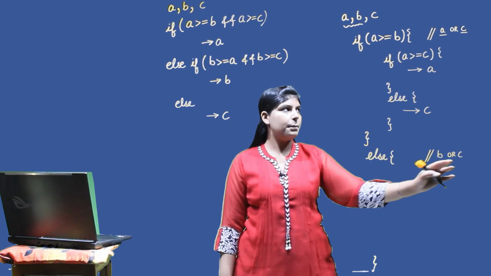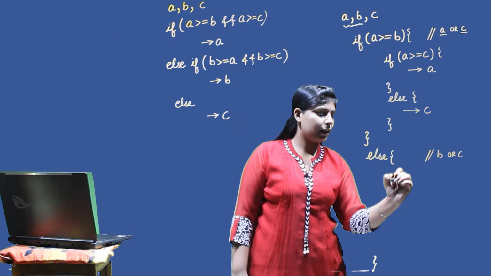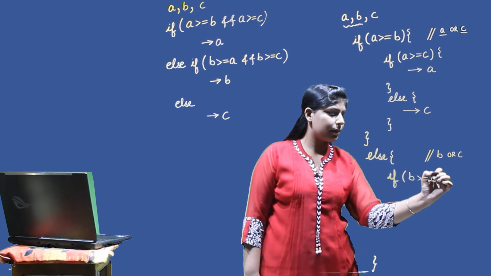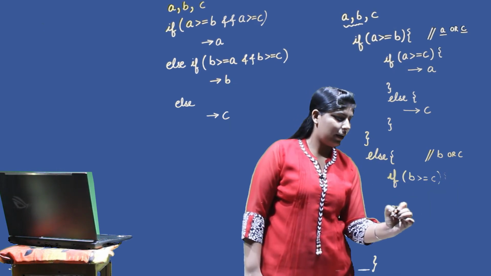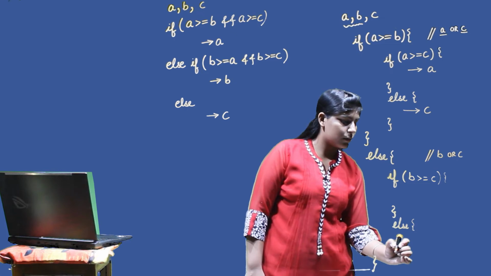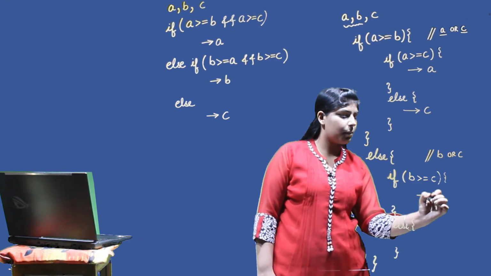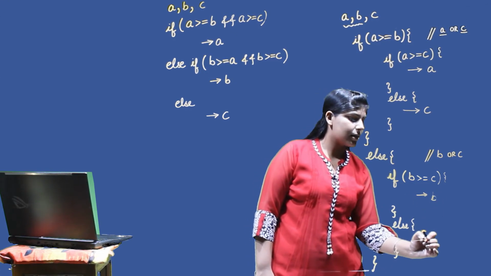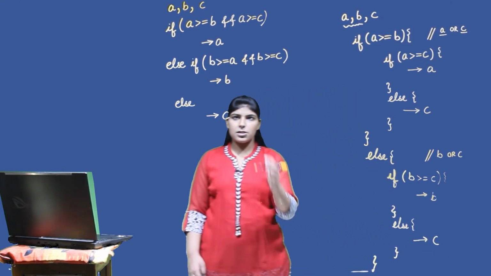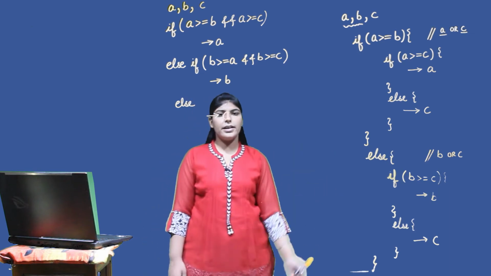So I need to compare B and C. So I will again compare if B is greater than or equal to C, and I'll have an else block. So if B is greater than or equal to C, this means B is the larger number, and in else part I can say C is the larger number. So I can solve this greatest of 3 numbers using either if-else-if ladder or the nested if.